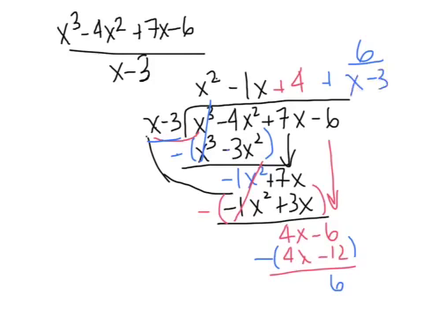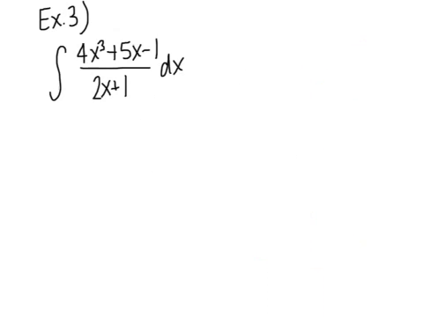So why did we do that? Well, we did it because if you're in a situation where the numerator is a higher degree than your denominator, there are times when doing long division can help you to convert this integral to something that you actually know the value of. So I'm going to take a little time, and we're going to do long division with this bad boy.